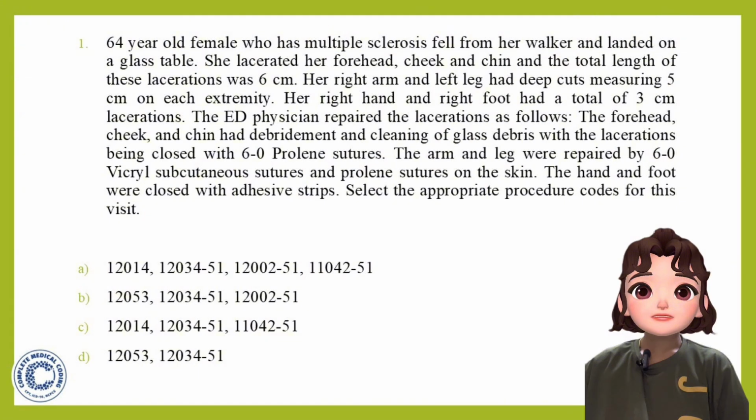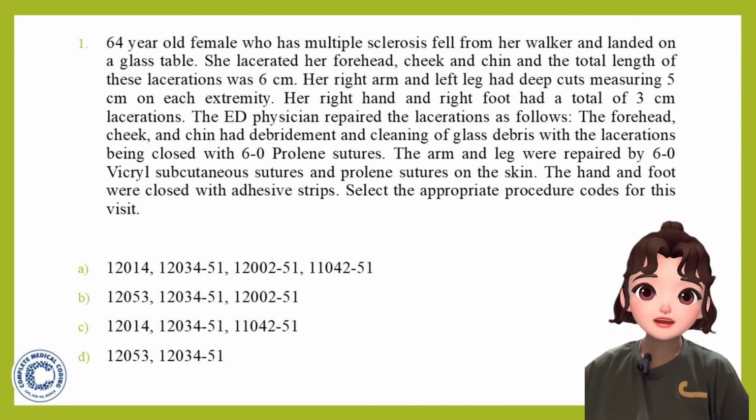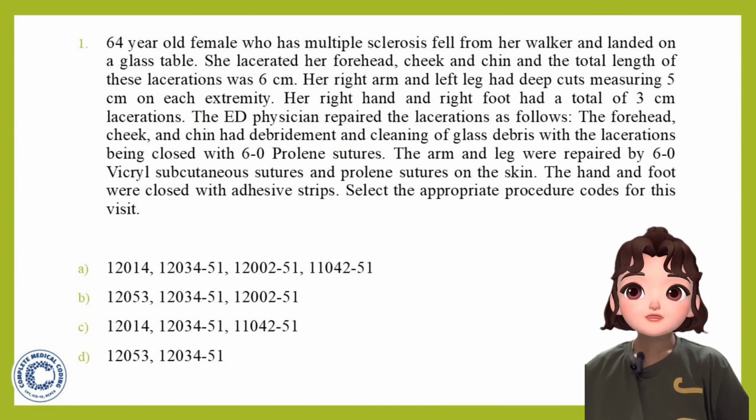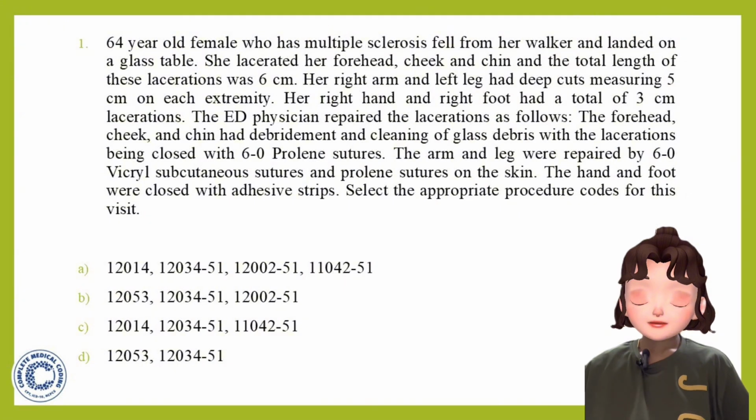The emergency department physician repaired the lacerations as follows. The forehead, cheek and chin had debridement and cleaning of glass debris, with the lacerations being closed with 6-0 Prolene sutures. The arm and leg were repaired by 6-0 Vicryl subcutaneous sutures and Prolene sutures on the skin. The hand and foot were closed with adhesive strips. Select the appropriate procedure codes for this visit.